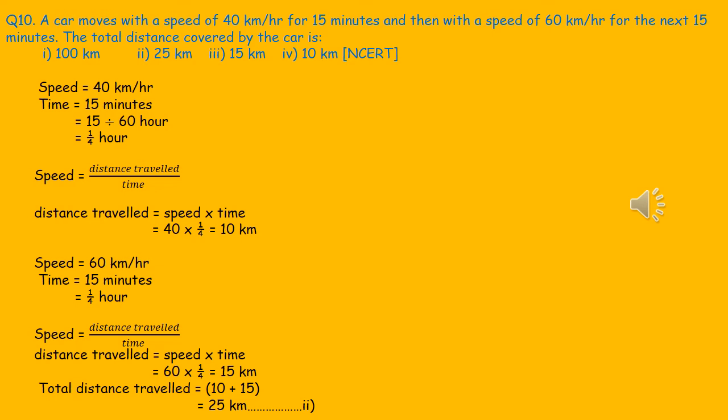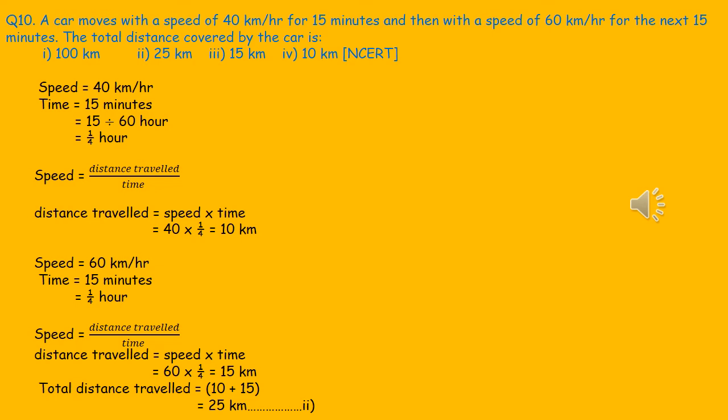So the speed in the first case was 40 km per hour and the time was 15 minutes. Here some conversion is needed. We have already learned the type of conversion in the previous sums. So 15 minutes will be divided by 60 to convert it into hours. 15 by 60 will give us 1 by 4 hour after reducing.